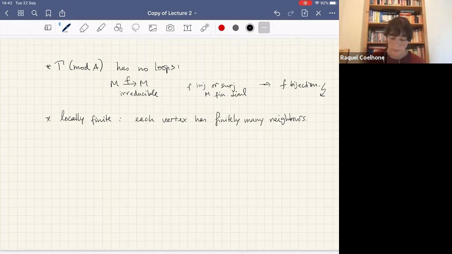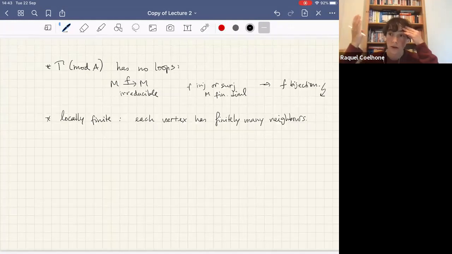Let's take a vertex which corresponds to a projective. Then it is a fact, and I'm going to write it down later on, that any vertex for which there is a map from that vertex to P, so all the predecessors of a projective, are summands of the radical of the projective. So there's only finitely many of those.